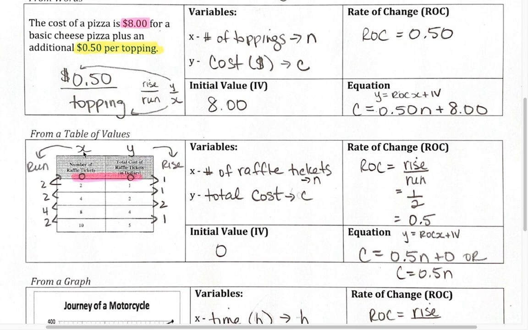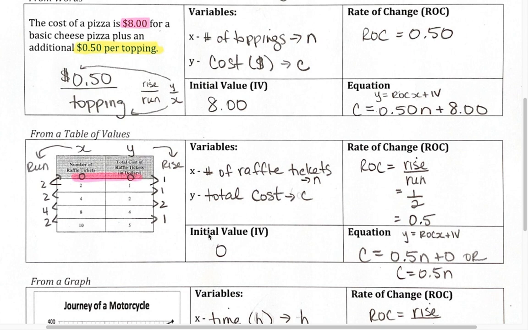So my independent variable, my x, is going to be the number of raffle tickets, and I'm just going to call that n for number. And then y is the total cost of raffle tickets in dollars. So I know that y is the total cost, and I'm just going to call that C to shorten that down into a single variable. So my independent variable is n, my dependent variable is the total cost, which is C.